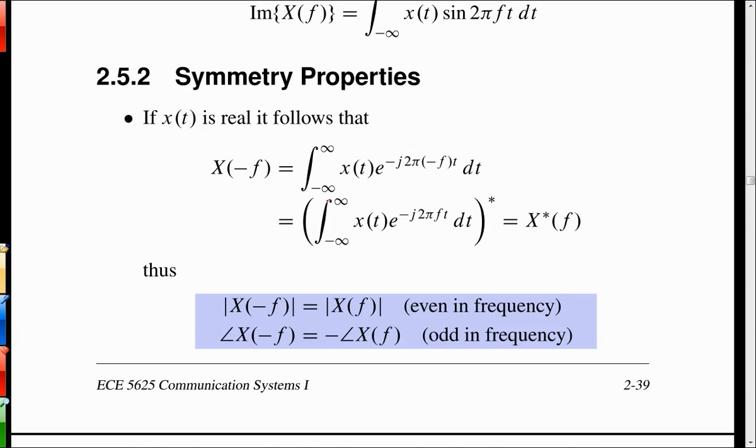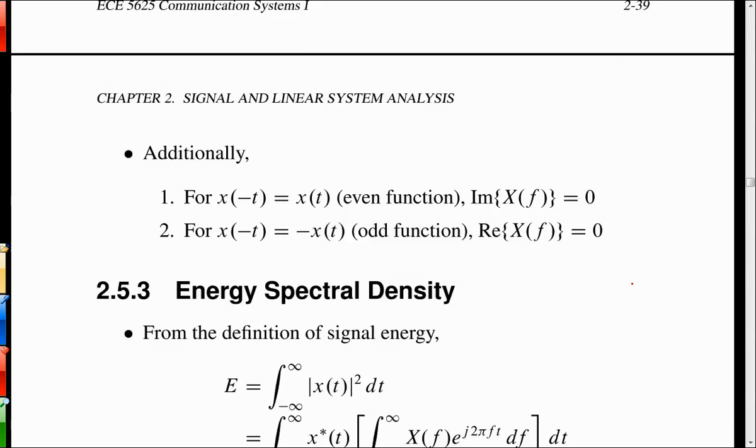There's some nice symmetry properties, just like we had for the Fourier coefficients. If the signal happens to be real, then the magnitude spectrum is always even and the phase spectrum is odd. And that carries over from the Fourier series idea, even magnitude and odd phase.